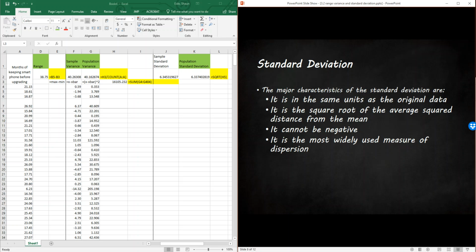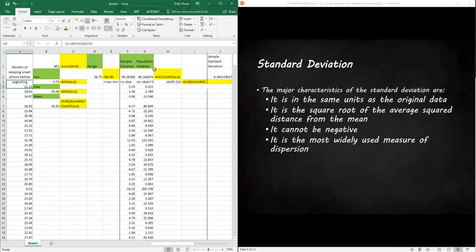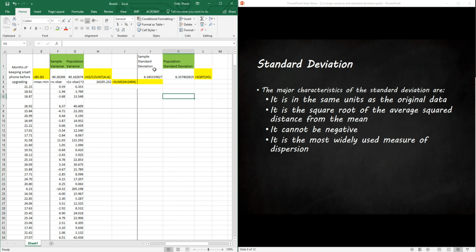With 6.3374, it means that on average, individuals keep their phones for 20.55 months. But the standard deviation says that this deviates by 6.3374, which is a pretty large standard deviation for that mean.